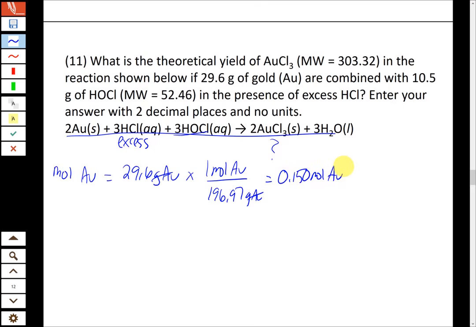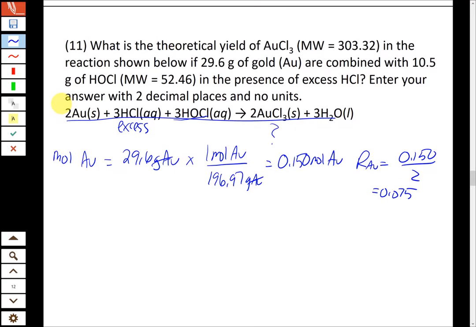But then what we need to figure out the limiting reactant is not just the number of moles of that substance, but what I term the stoichiometric ratio, where we take that number of moles and divide it by the coefficient in the balanced equation. All right, so this 0.150, and the coefficient in the balanced equation is 2 in front of Au, so that's going to be 0.075. All right, so that's going to be our ratio for gold.